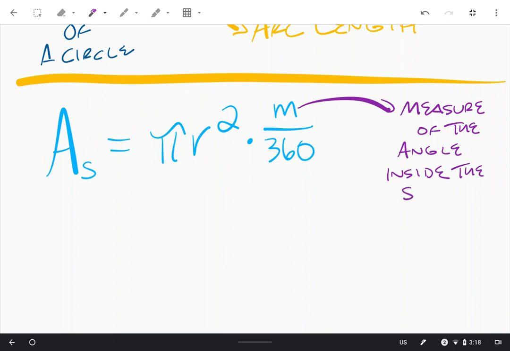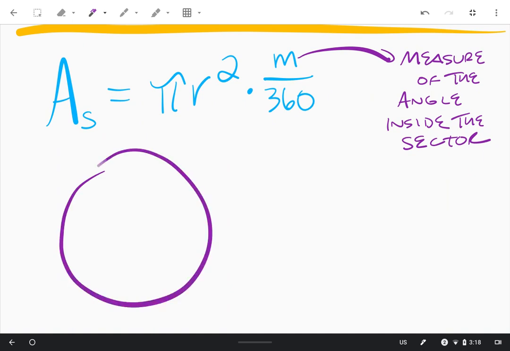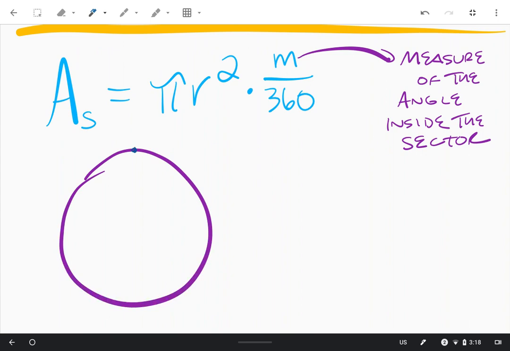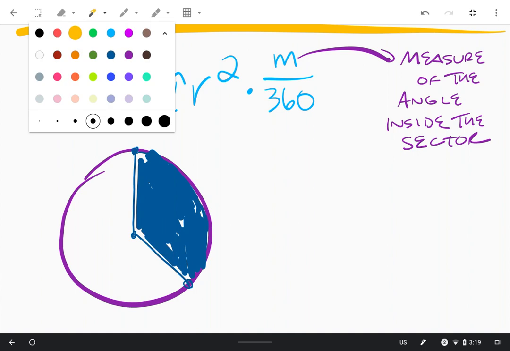So for instance, if I have this circle down here, and I have a sector here that is this sector, and I want to know the area of this sector, in order to know that, I need to know the measure of this angle.